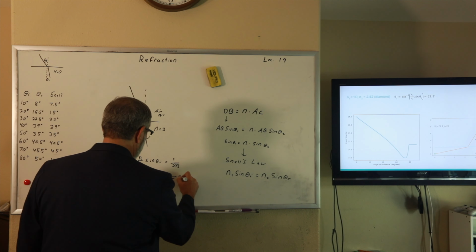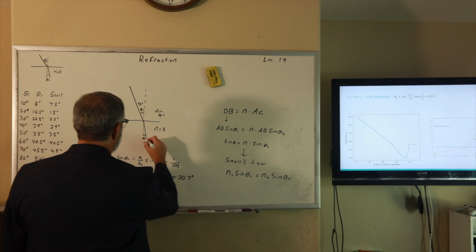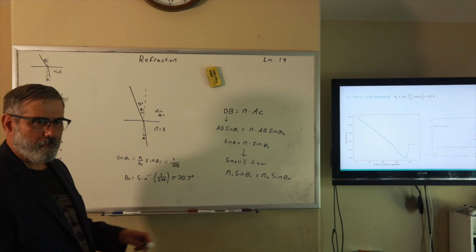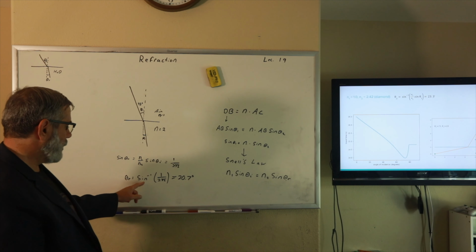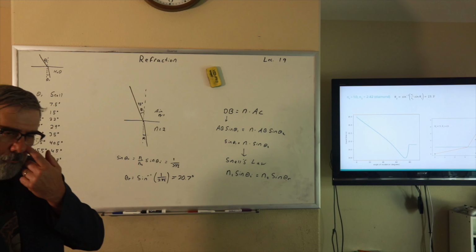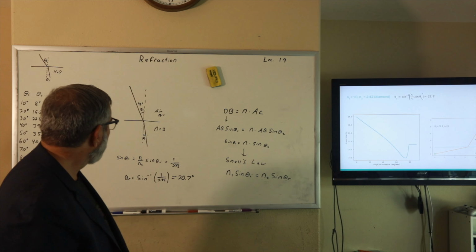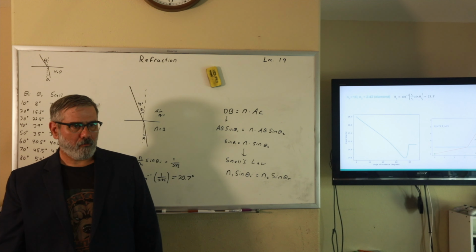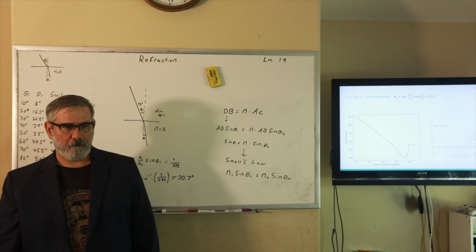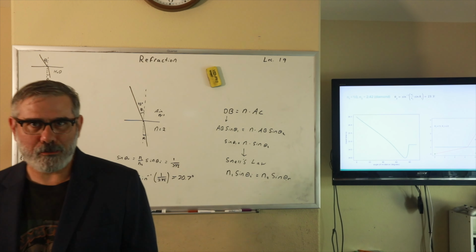So this is equal to 20.7 degrees. So that's how you do these kinds of Snell's law problems. You're going to have to get out the calculator and use the inverse sine, also called the arc sine button. Okay, any questions? Okay, no questions? All right, that's the end of the lecture then.